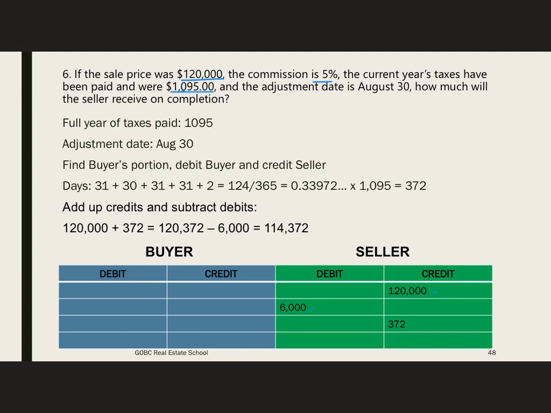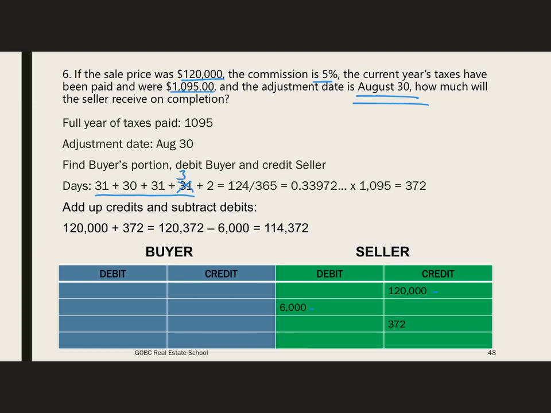The commission is $6,000. And when you figure out the buyer's portion, because we're talking about August 30th as the adjustment date, then we would find the buyer's portion based on that date, and then we would debit the buyer and credit the seller.